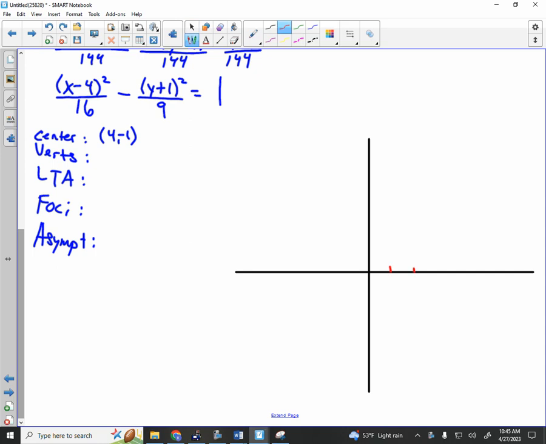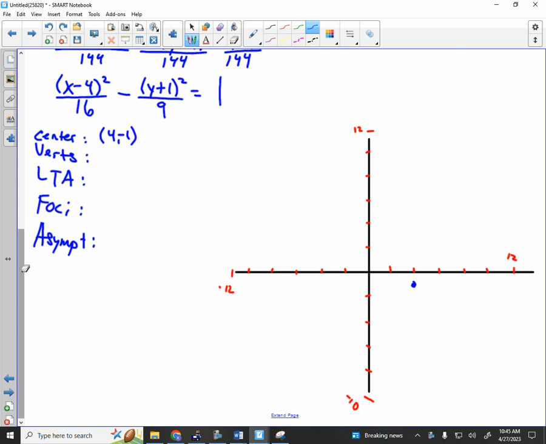So 2, 4, 6, 8, 10, 12. I'm going to plot that 4, -1. So over 4 and down 1. Remember, every tick mark is worth 2.